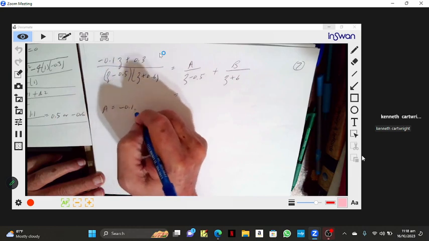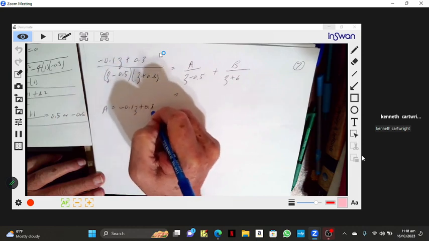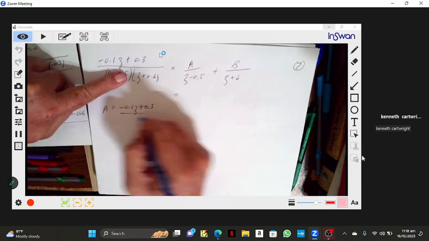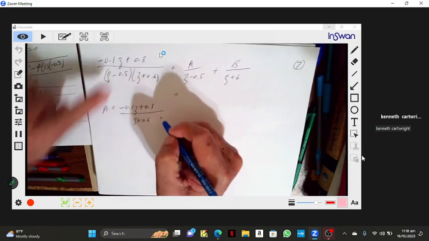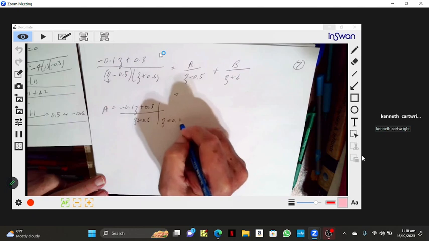So A is, you cover the 0.5, V plus 0.6, and Z equals 0.5.